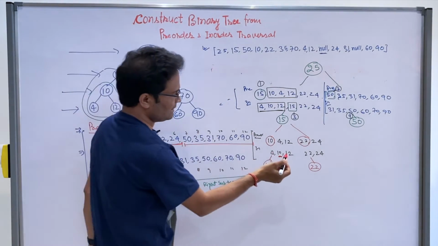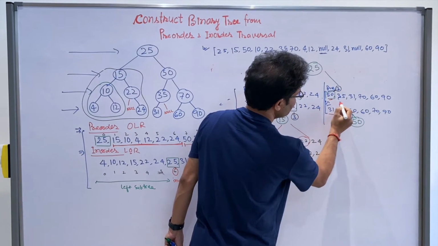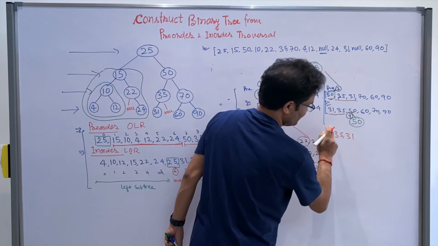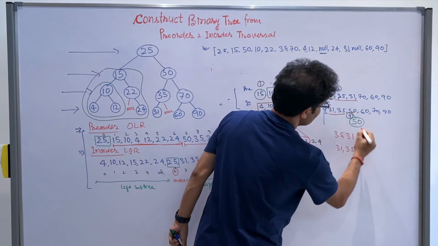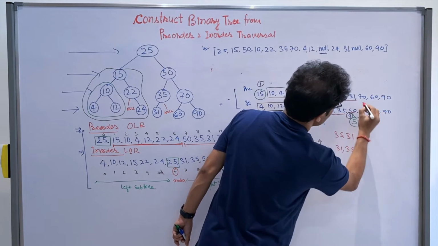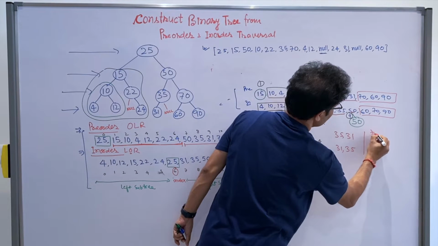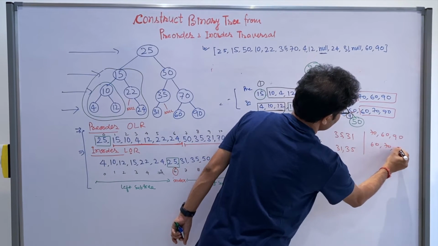And you can do the same thing here. So this is the 50, our element. So this part is the left side part. This is the pre-order part and the in-order part is 35. Same thing here. This is the right side part and this is the right side part. So 70, 60, 90 and 60, 70, 90.